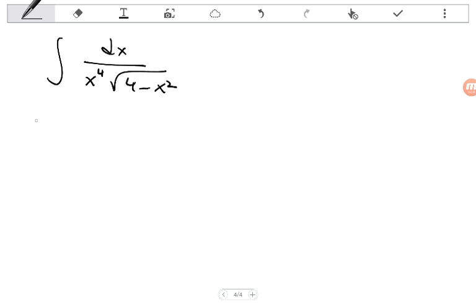So what is the most suitable substitution here? Sine. But we have here 2 sine theta, because we have here 4. So dx is equal to 2 cosine theta d theta.